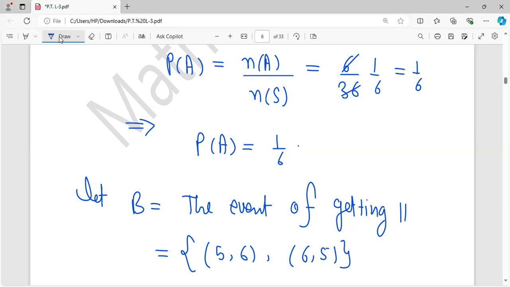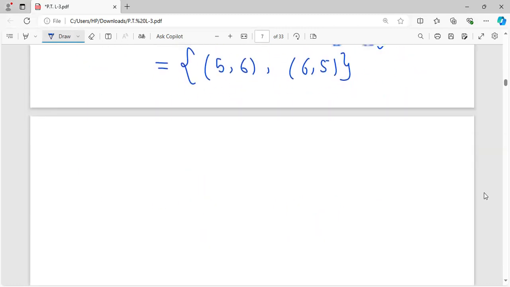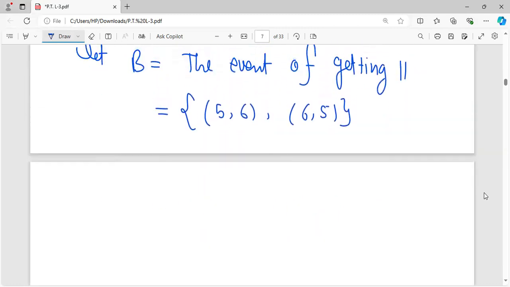Only 2 possibilities are there, no other. How many elements does B have? 2.